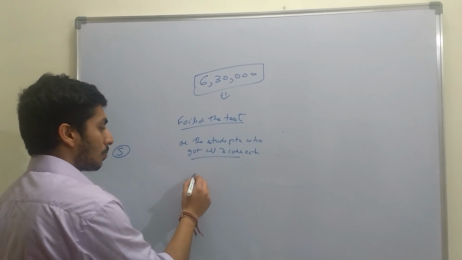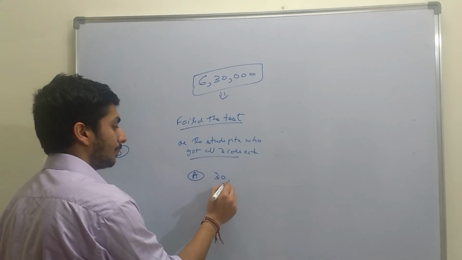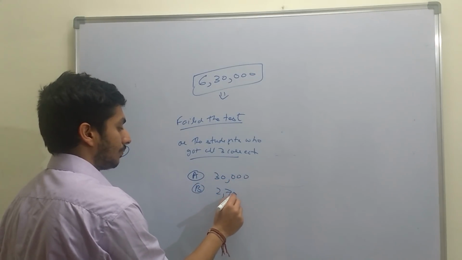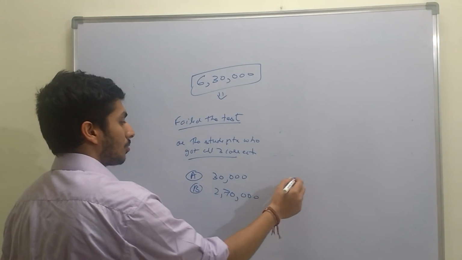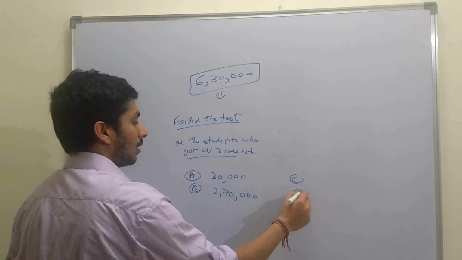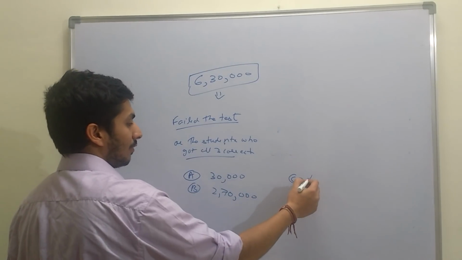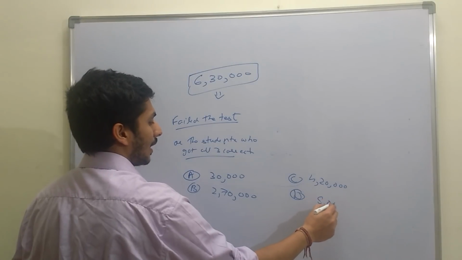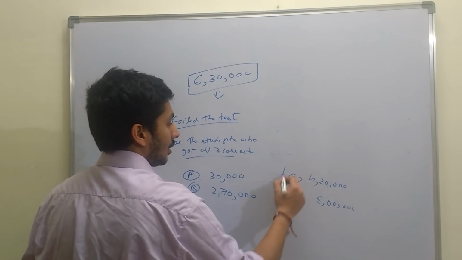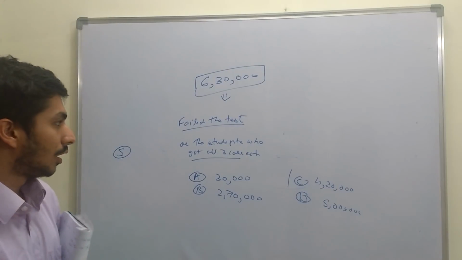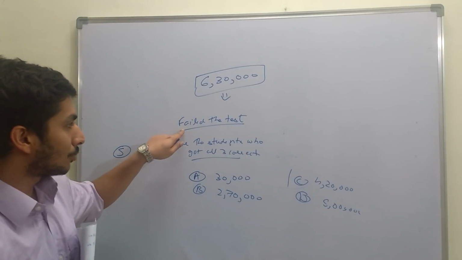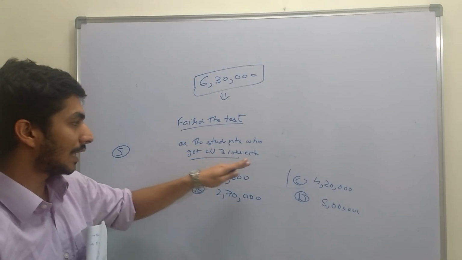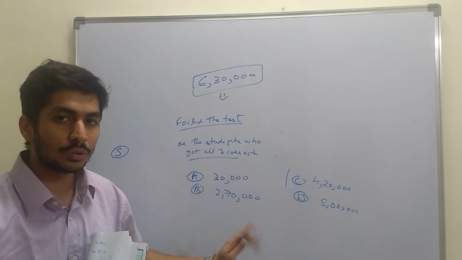And the options were, option A was I think 30,000. Option B was 2,70,000. And options C and D were something like 4,20,000 and 5 lakh. So see, now if you apply general logic, they're saying the number of students who failed the test is equal to the number of students who got all 3 correct, and that is equal to one of the 4 values.